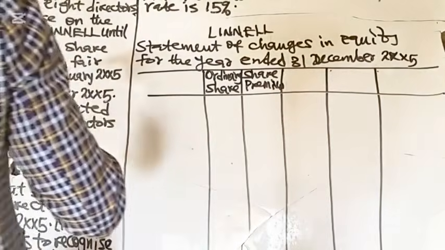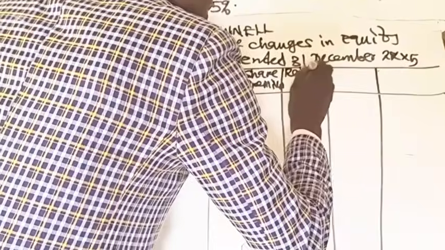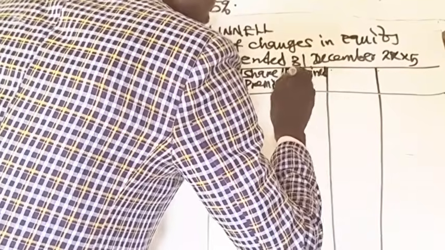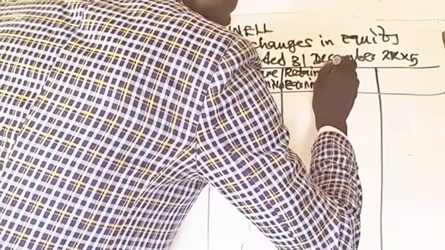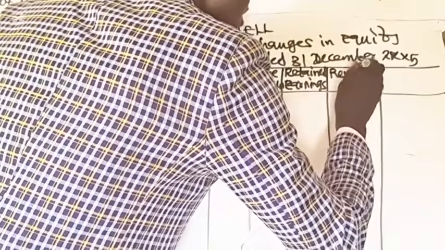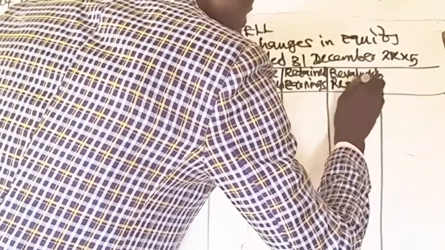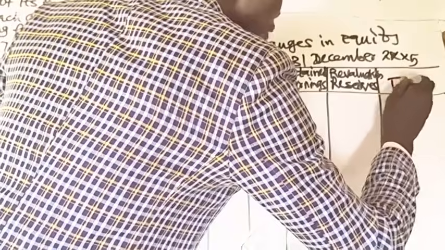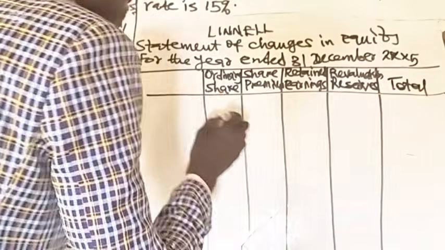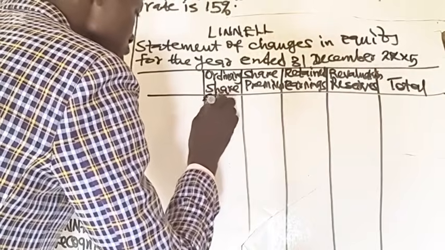And the third one is retained earnings. The fourth one is revaluation reserves. And the fifth, now we have the total. Our amount is in €1,000.